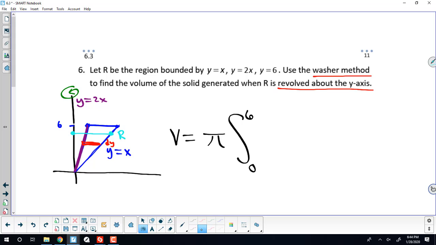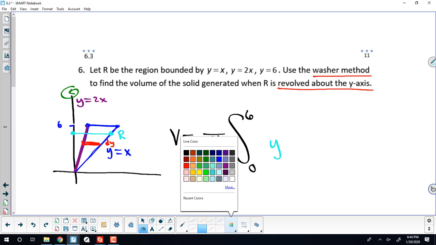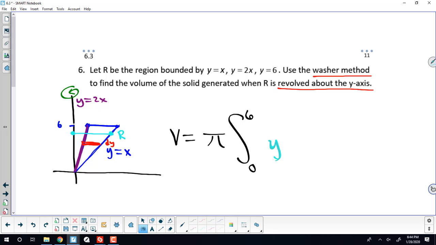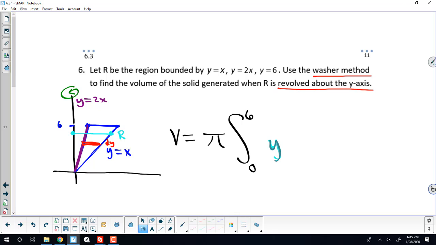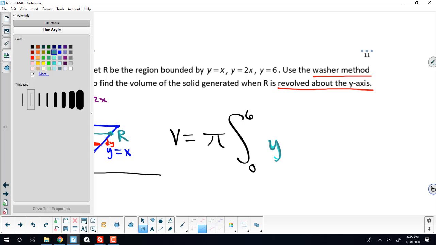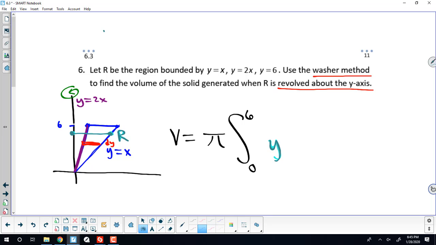Again, right minus the left: the right function is y, minus the left function, which is 0. So that's going to be y squared.